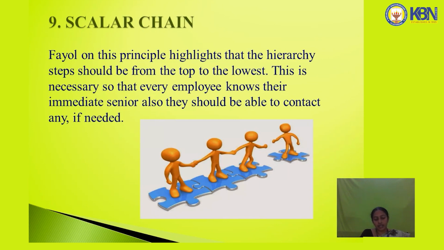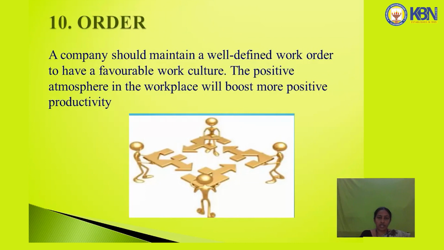If any problem arises, or in case of the manager's absence, someone who knows the work about that day should be able to perform it efficiently. So every employee should be known to his superior and co-workers also. In case of need, the message can be passed to the co-workers or superiors within those 5 members. This is called scalar chain.